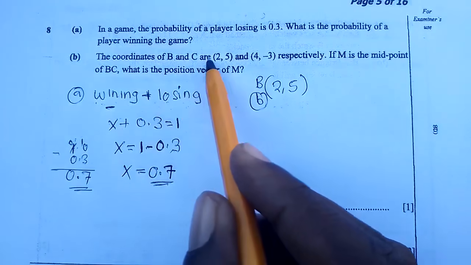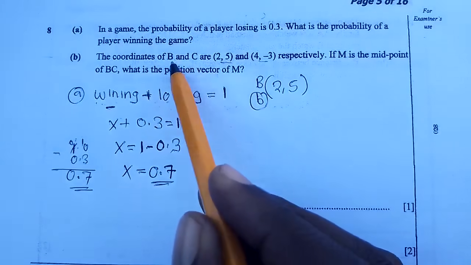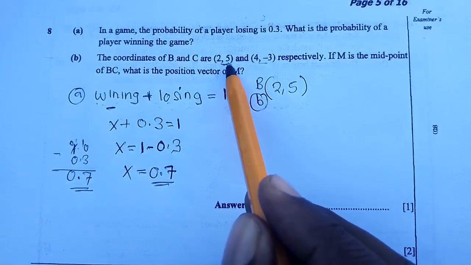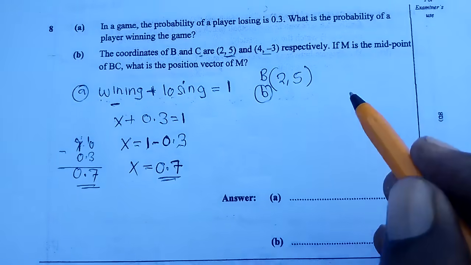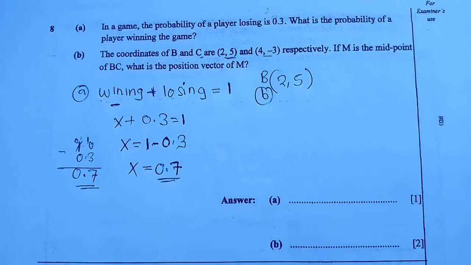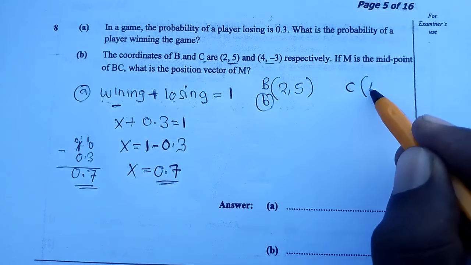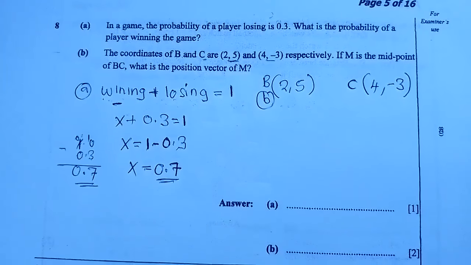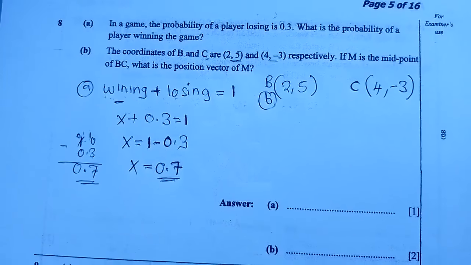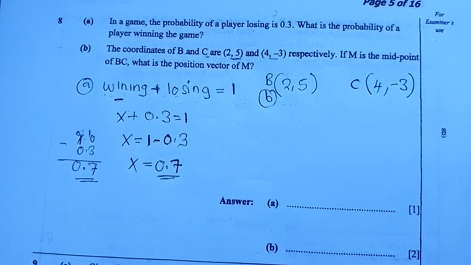They are saying B and C, this one and that one respectively, which means that the first one given is for B. Then the second one is for C. So on the C, we've got 4, comma negative 3. That's what we are given. So how can we go about that?